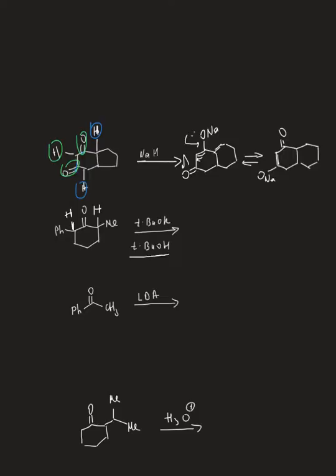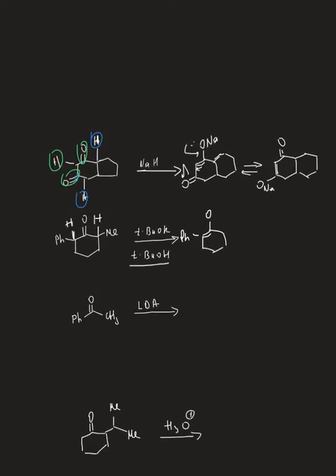So if we draw the two possible enolates here, the first one will be this enolate, and the second one is the enolate in this direction.